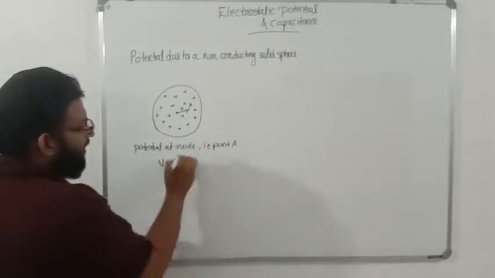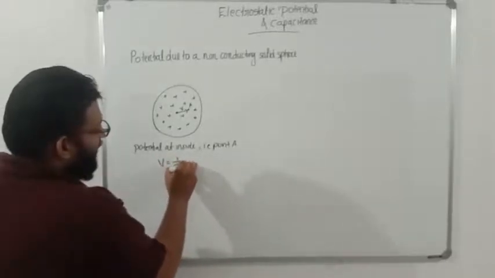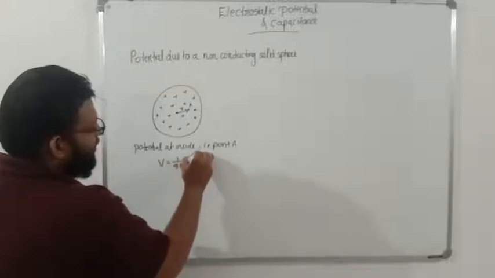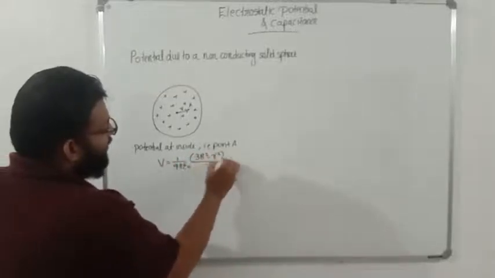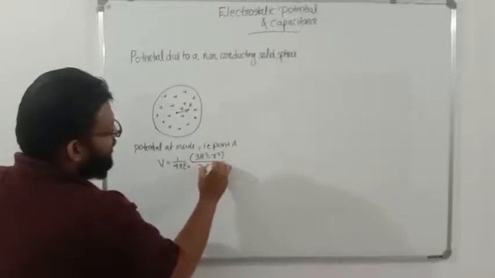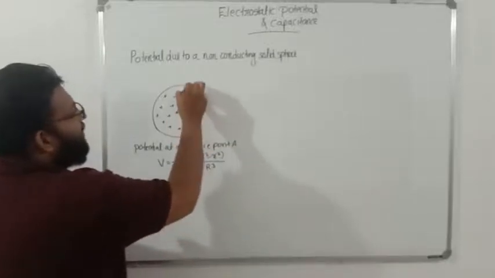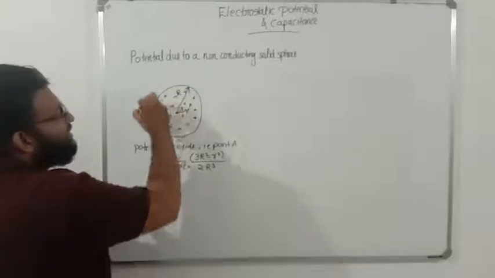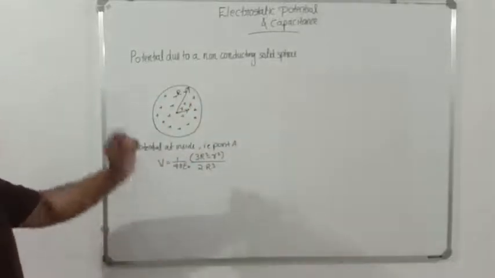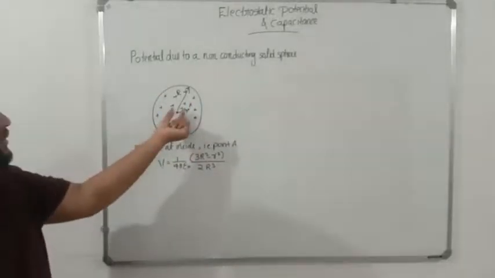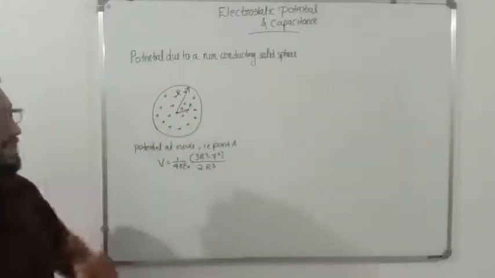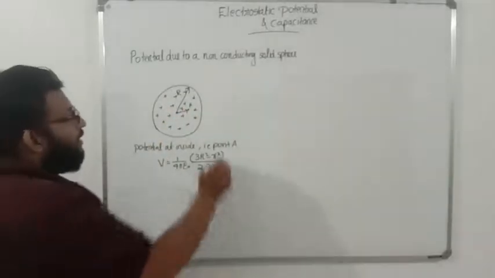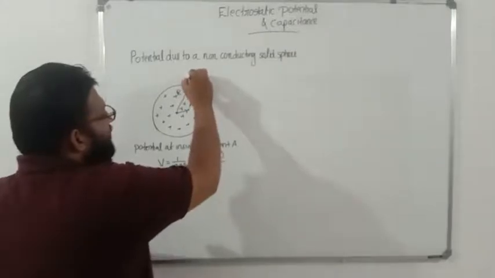It is given by 1 by 4 pi epsilon 0 times (3 R square minus small r square) divided by 2 R cube, where capital R is the radius of the non-conducting solid sphere and small r is the distance that we measured to inside. Now we select a point over here, that is B.